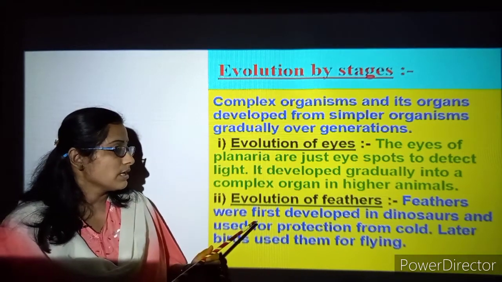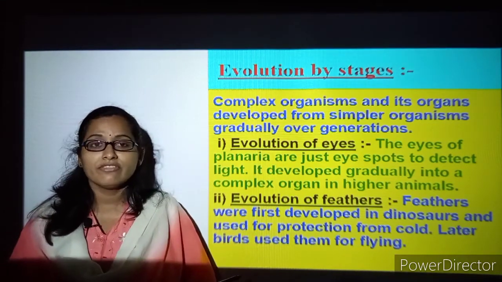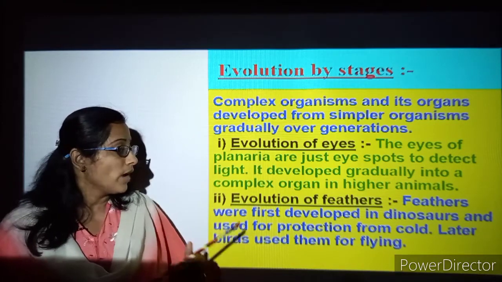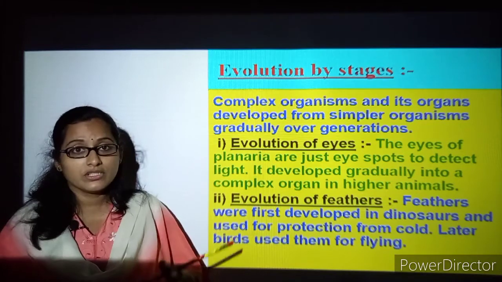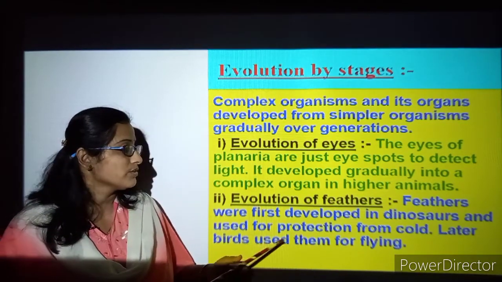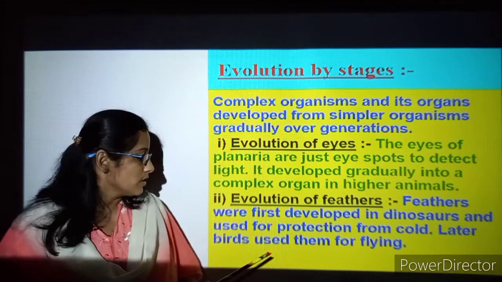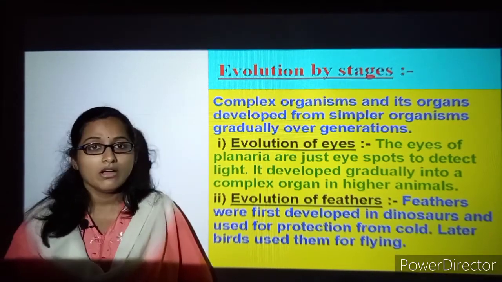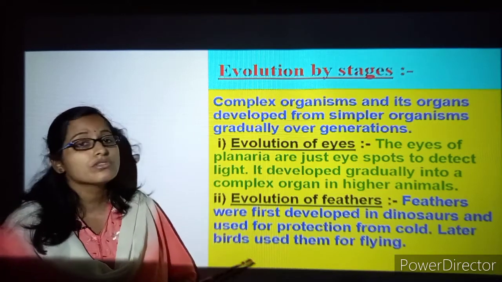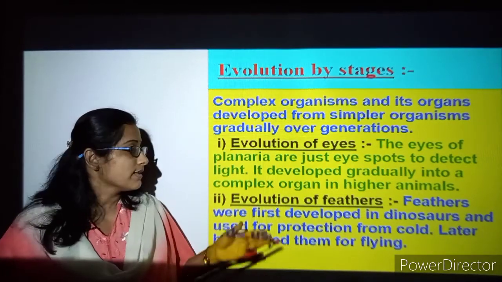So let's understand about evolution of feathers. Actually, feathers were the first thing that was found in the dinosaurs. Why the feathers were given to the dinosaurs was they needed to be comfortable with respect to the cold. So later the birds used them for flying. So you can see how these changes or evolutions have happened with respect to the eyes and the feathers.